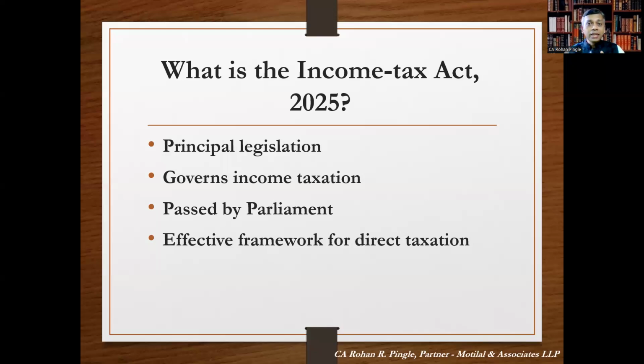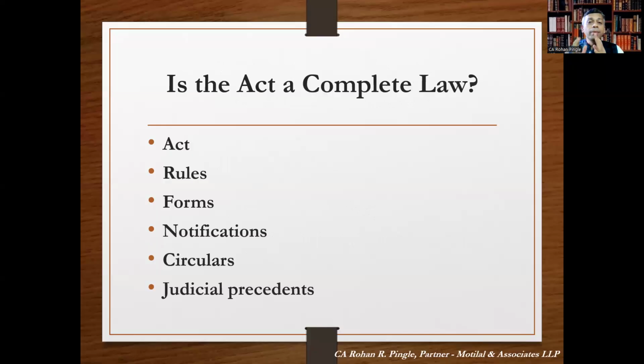Moving further, let's see, is the Act a complete law? Very important to understand. Many beginners assume that everything is contained within the Act itself. That is not correct. The income tax ecosystem consists of several interconnected legal instruments. The Act provides the substantive law. The rules prescribe procedural details, forms facilitate statutory compliance, notifications operationalize delegated powers, and circulars clarify administrative provisions.